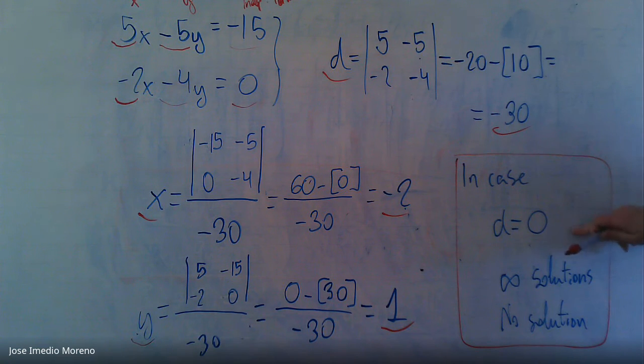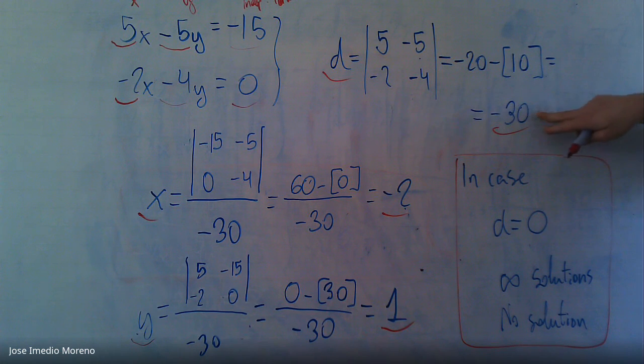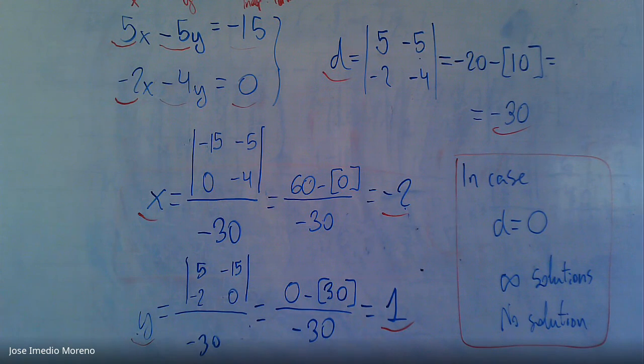In order to know that this system will have one solution, so it's a system which is consistent and independent, we need D to be a value different from 0. If D is 0, the system has either infinitely many solutions or it doesn't have a solution.